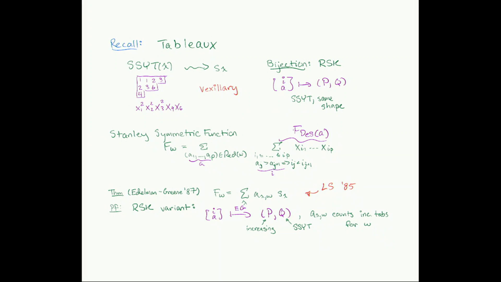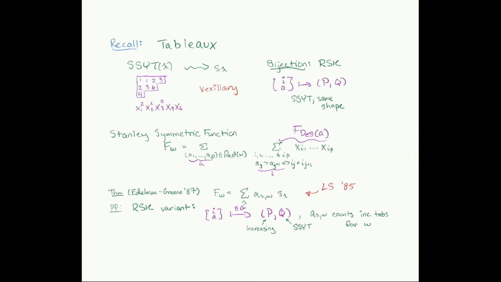And then Edelman and Greene proved that these Stanley symmetric functions are Schur positive. Their proof is a variant of RSK called Edelman-Greene insertion. And here it's like RSK, but your P object and your Q object are actually different.